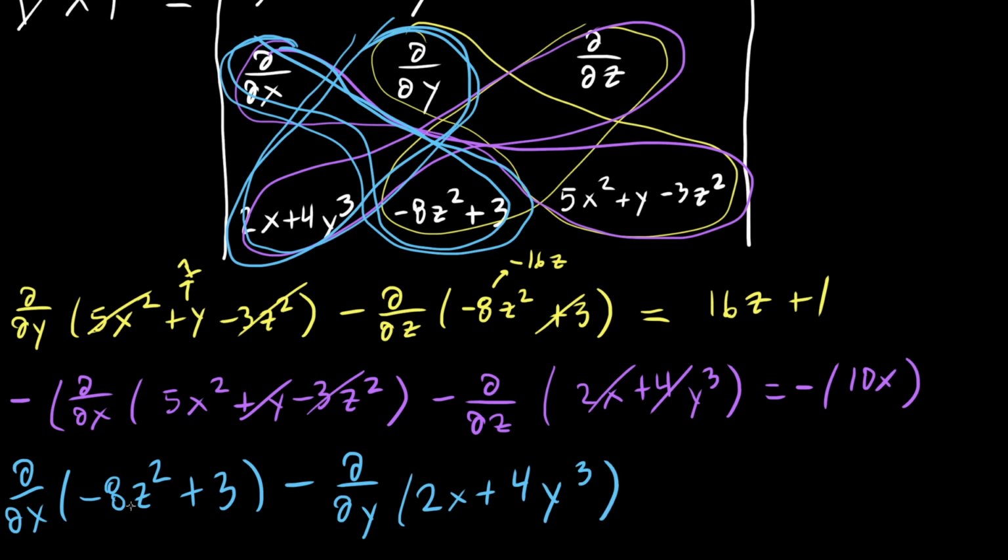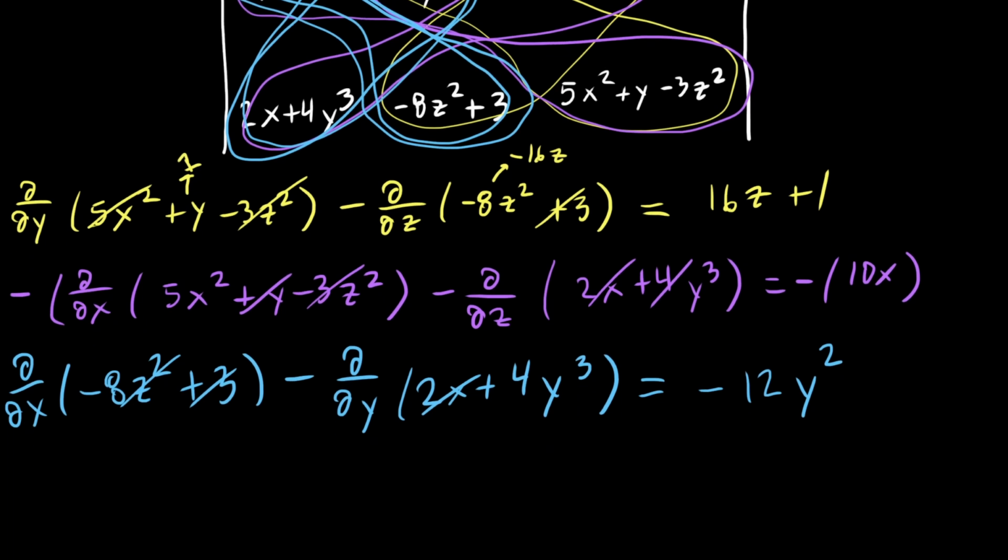And since none of these terms have an x dependence, they all cancel. And the only term that has a y dependence here is the 4y cubed, so this cancels. And this will equal negative 12y squared. And notice that the x component doesn't have a negative, the y component has a negative in front, and the z component doesn't have a negative in front.